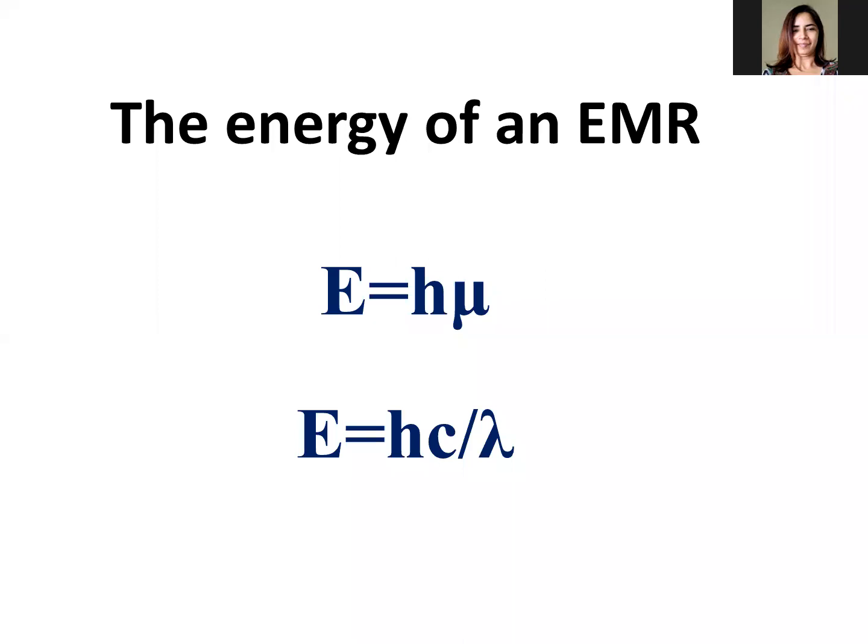E is equal to h nu, where h is Planck's constant and nu is the frequency. In the second equation, E is equal to hc upon lambda. Nu is 1 upon lambda. Frequency is inversely proportional to the wavelength.